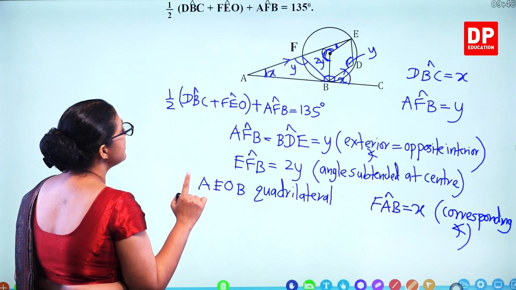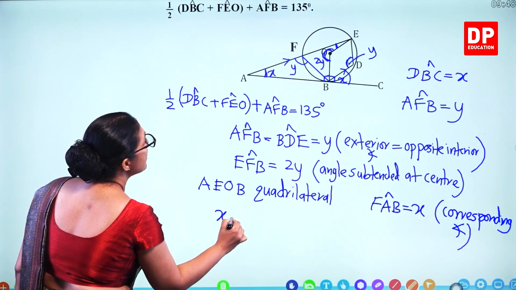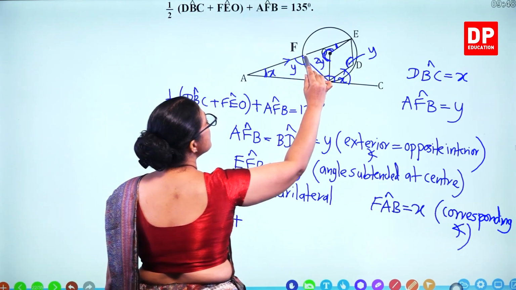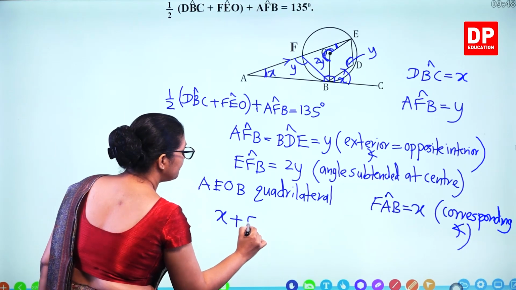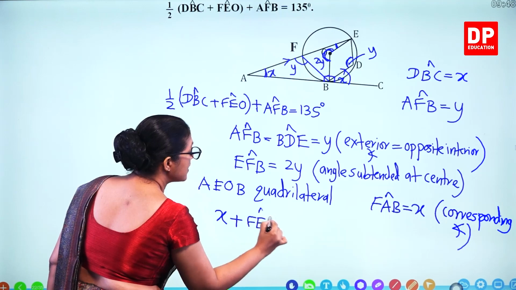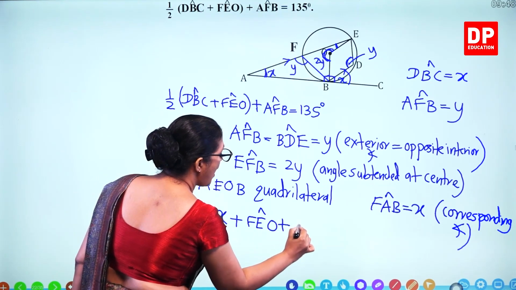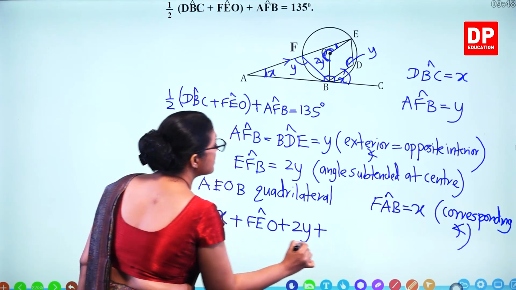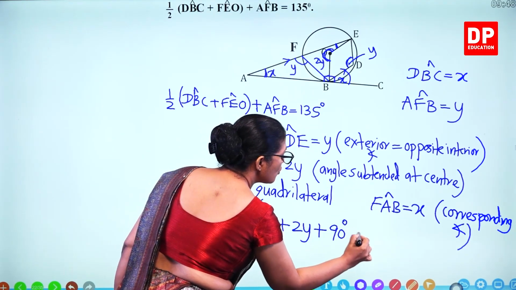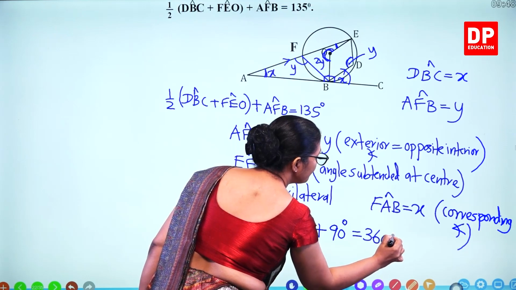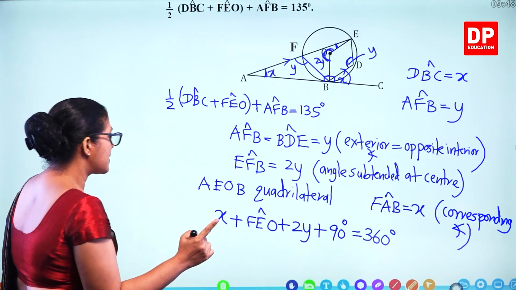So we can add the angles. So we'll add X plus, so this is FEO, that angle, plus 2y plus this is 90 degrees. That's equal to 360. Now take 90 to the other side.